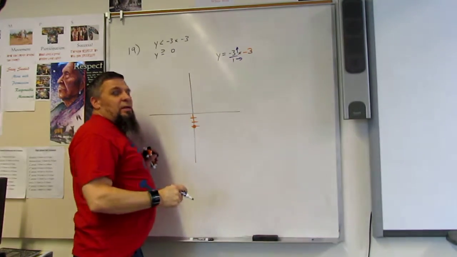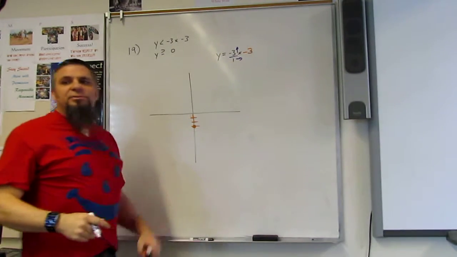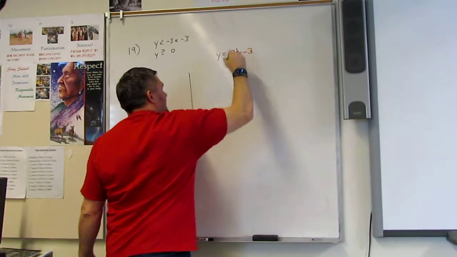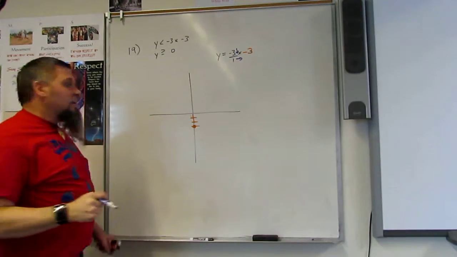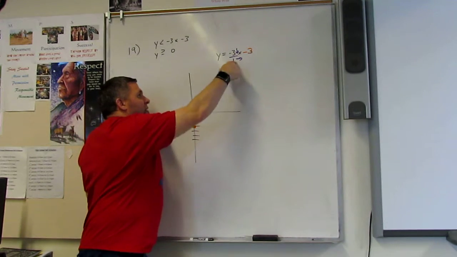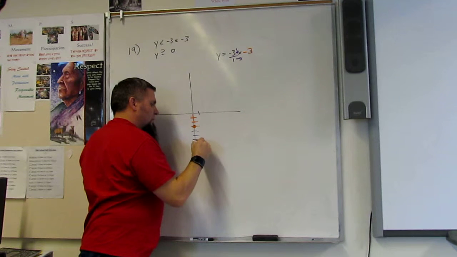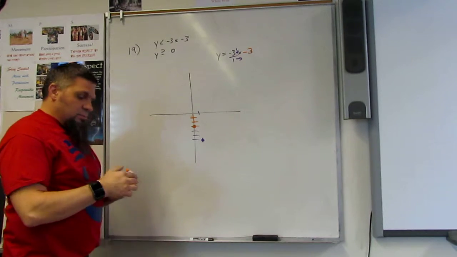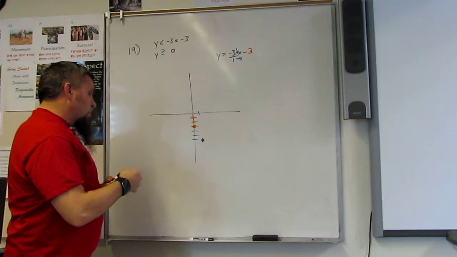In this case it's a negative rise, which means I'm going down. So down 3, 1, 2, 3, and right 1. Okay? And that's my line.